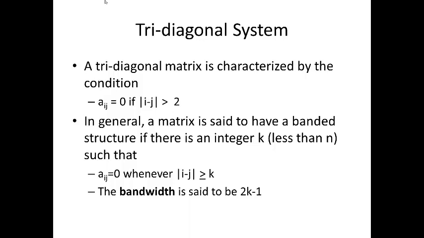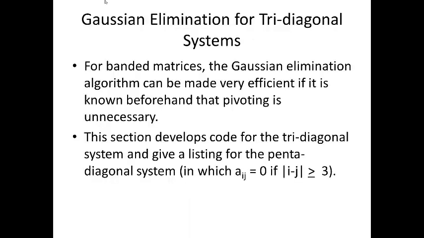Now let's look at how we do Gaussian elimination for tri-diagonal systems. For banded matrices, the Gaussian elimination algorithm can be made very efficient if we know beforehand that pivoting is unnecessary. And of course, that makes it even more efficient.